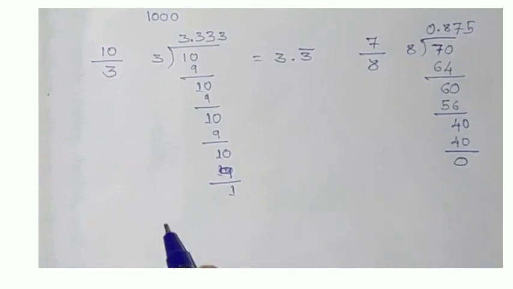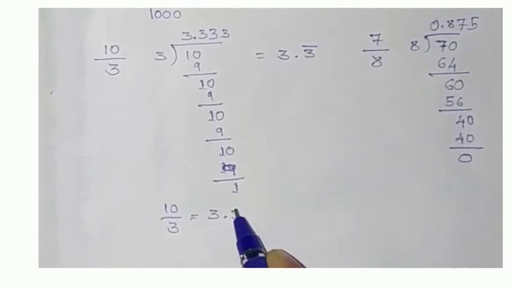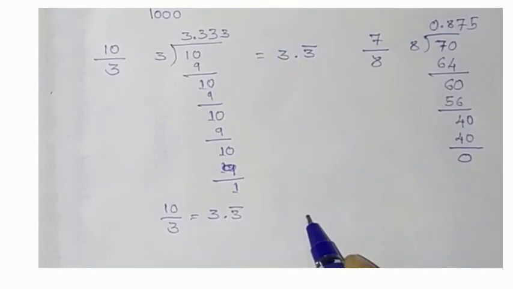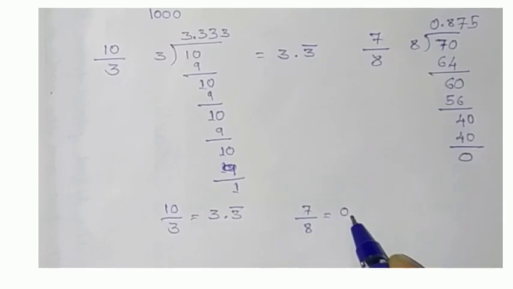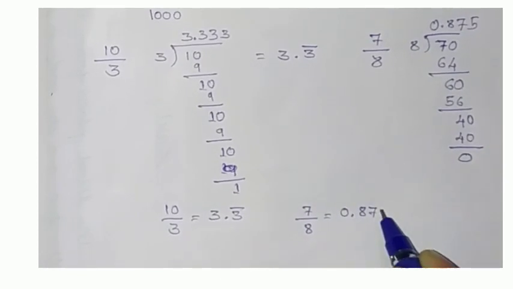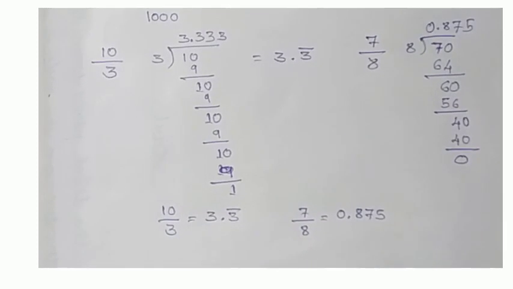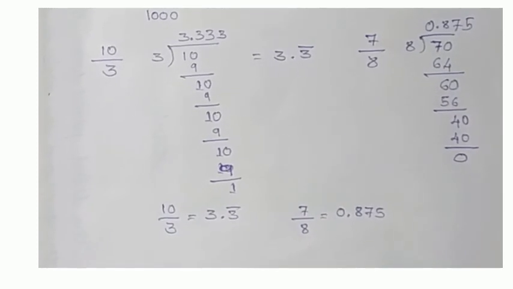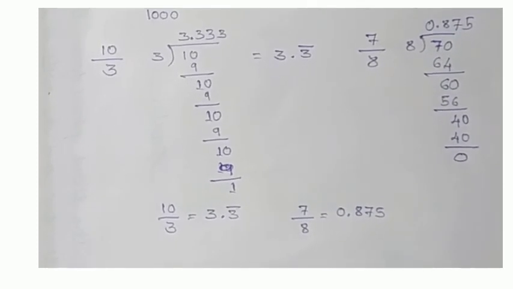Okay, so in 10 by 3 we got repeating terms. But in 7 by 8 we got a finite end at 5. So whenever a decimal expansion terminates or ends after a finite number of steps, we call the decimal expansion of such numbers terminating.